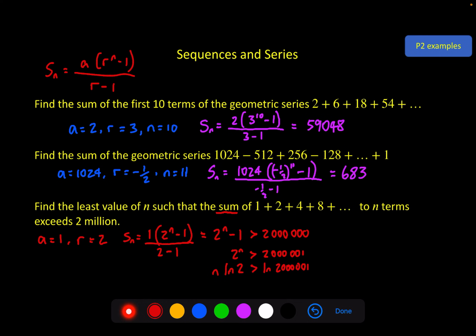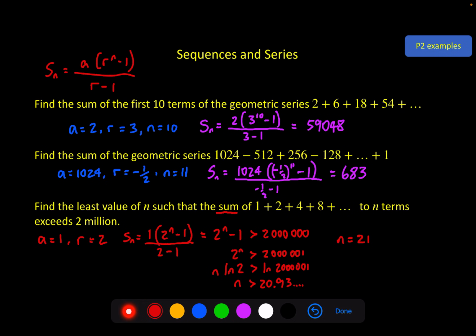So the natural log of, let me get this right, 2 million and 1 divided by the natural log of 2 gives me the answer 20.93. So n must be bigger than this, so n must equal 21.